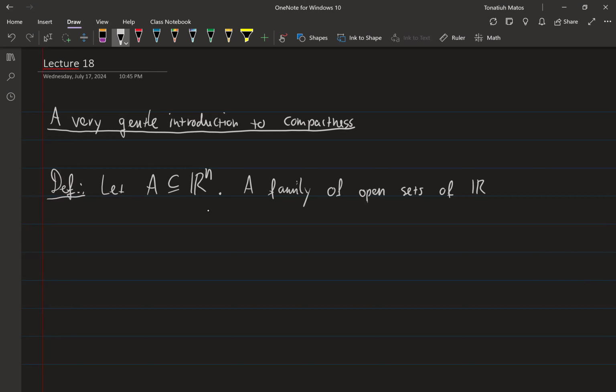of Rn is called, and this is the definition, this is the word I'm defining. Let me call this family F, because why not? Family F of open sets of Rn is called an open cover, right?